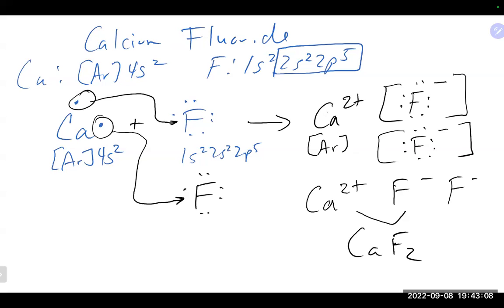When we do write formulas for ionic compounds, you never write a charge, because the idea there is you're going to balance it out to 0. But it actually is made up of, as we can see here with our Lewis structures, our symbols, it is made up of 3 things that actually do have charges. So if you write an individual ion's formula, you would include the charge.